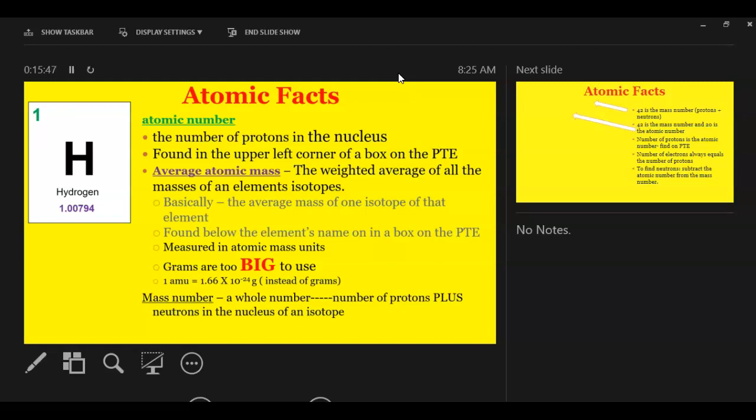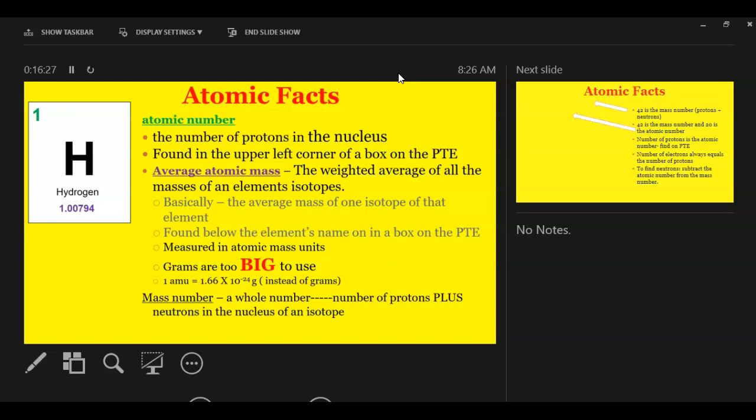Now, I'm going to go back and define isotopes, and we're going to talk about isotopes in a second. Okay? Atomic weight is actually a weight. It's a mass. It tells us the approximate mass of one single atom of hydrogen. Okay? So atomic weight is measured in atomic mass units, or AMUs for short.